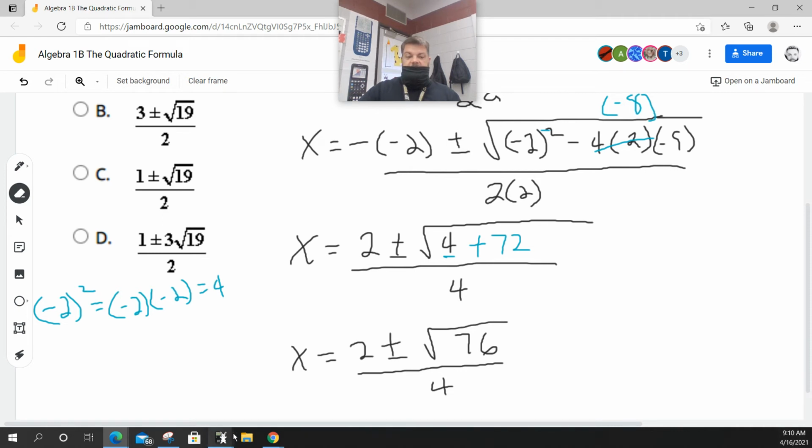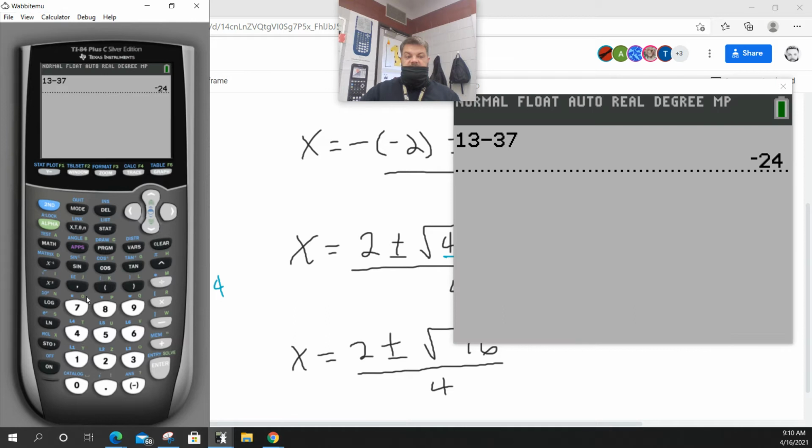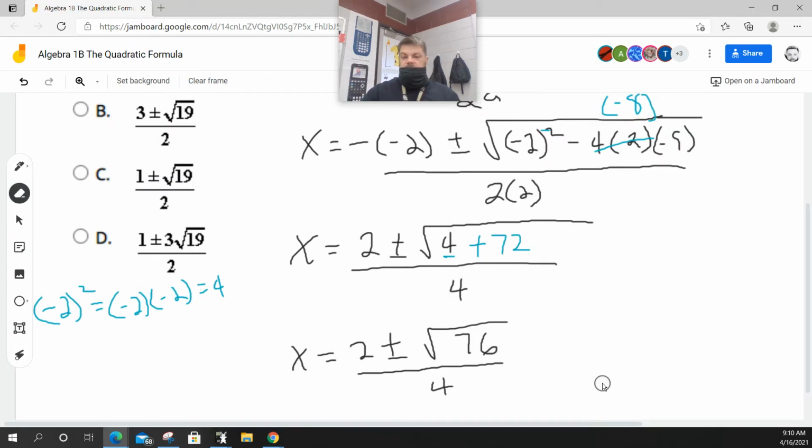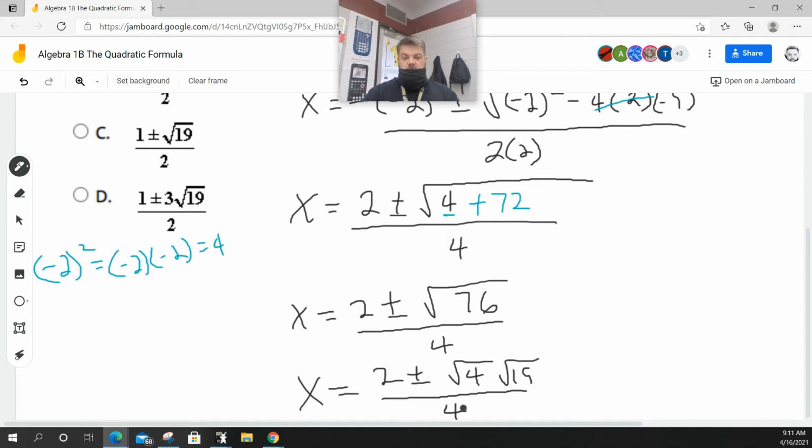So I can take my calculator and say 76 divided by 19, and it's 4. So this whole thing can be rewritten as x is equal to 2 plus or minus the square root of 4 times the square root of 19 all over 4.